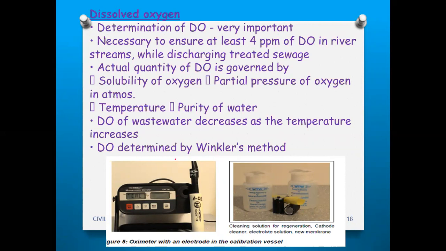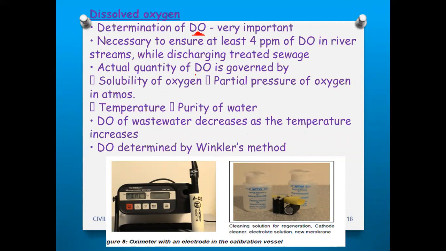Determination of dissolved oxygen is very, very important. It is necessary to ensure 4 ppm of dissolved oxygen, that is 4 parts per million, in the river streams while discharging the treated sewage.